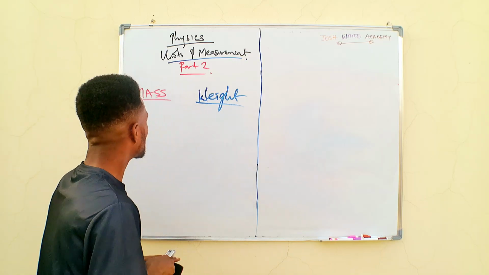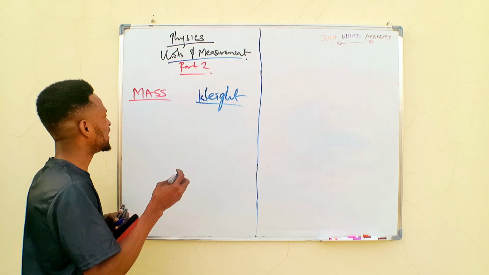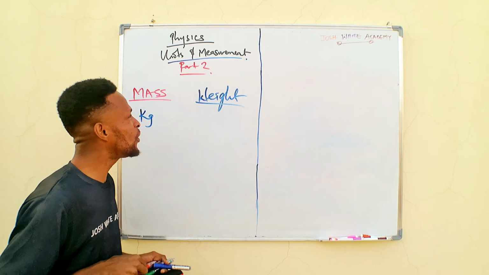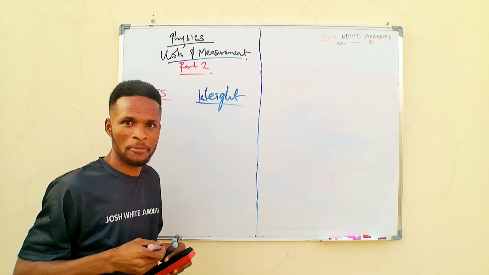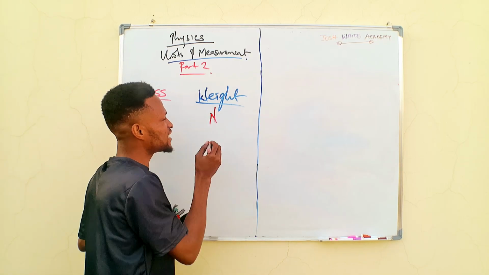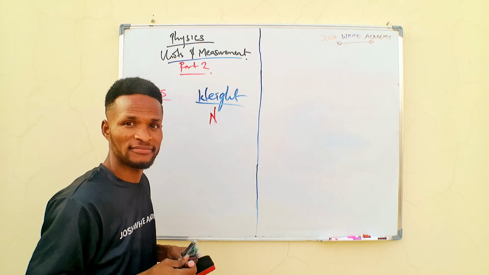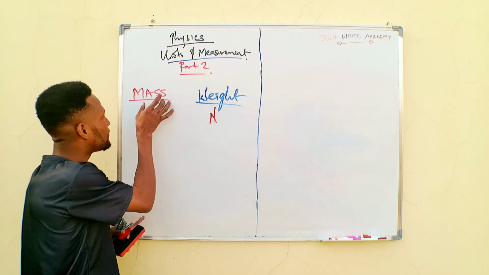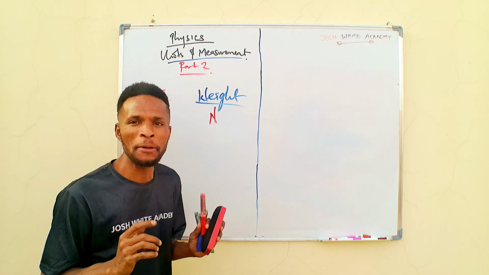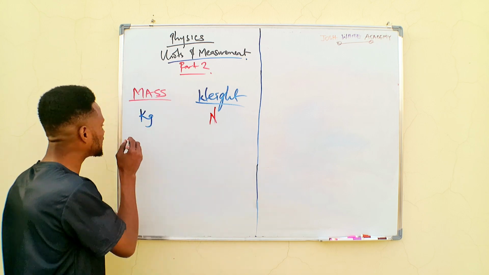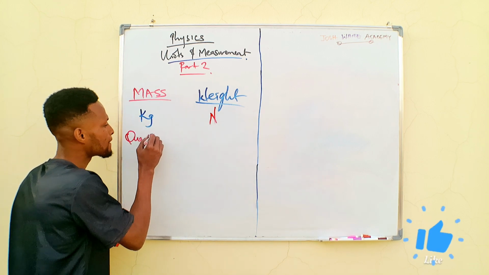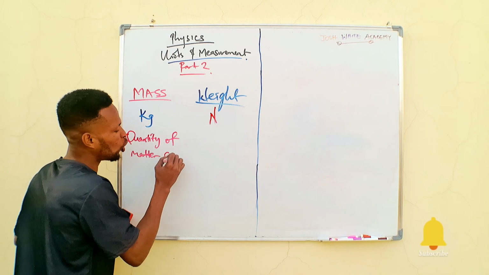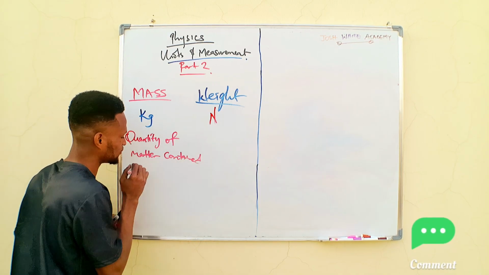Number one, mass is measured in kilograms, whereas weight, which is a force, is measured in Newton. Secondly, mass is defined as the quantity of matter contained in a body.